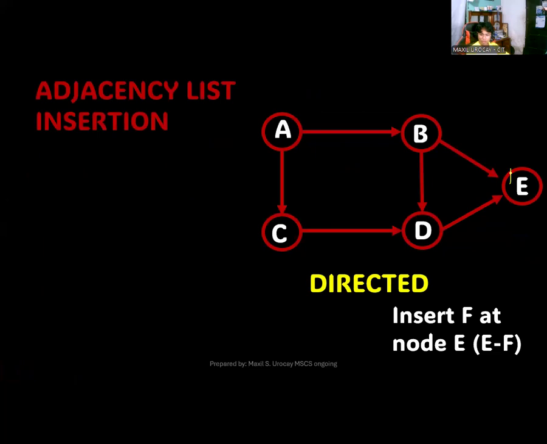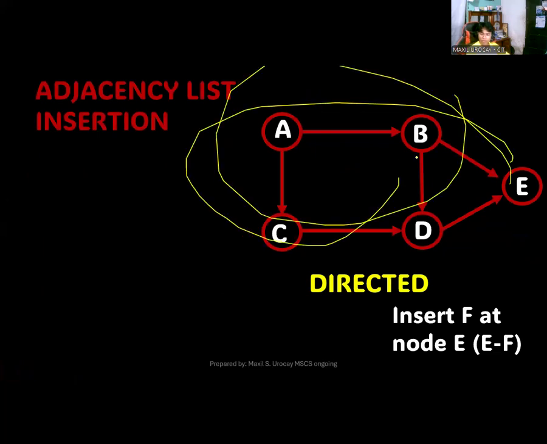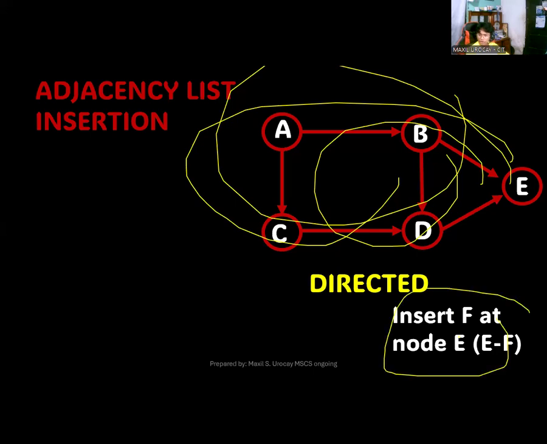Suppose that we already have a directed graph, and your goal is to insert F at node E, where the condition is E to F. That means your path is E to F. It's not F to E.